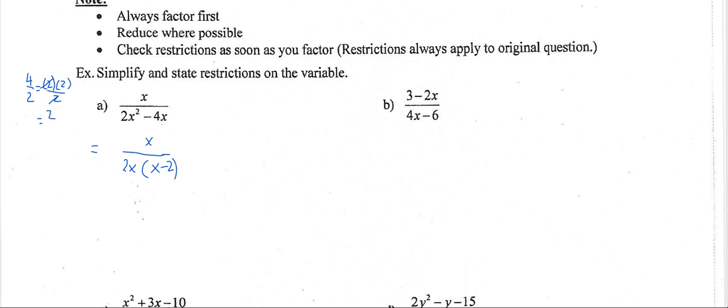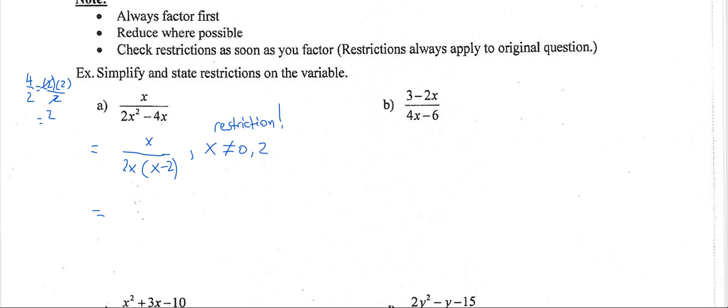So I'm going to work with this fraction, but I have restrictions on x. x is not allowed to be 0, and x is not allowed to be 2, because if it was, this fraction would be undefined. So this, what I'm writing, is called a restriction. It means x is not allowed to be these things.